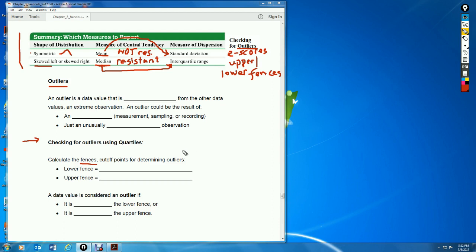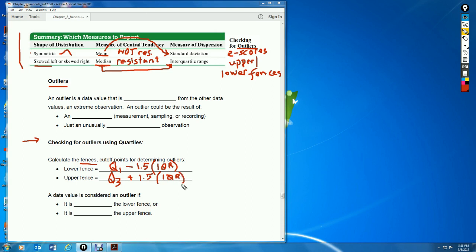So the lower fence of a data set is calculated by taking the first quartile and subtracting 1.5 times the value of the interquartile range. That's the lower fence. And the upper fence is calculated by taking the third quartile and adding 1.5 times the interquartile range.